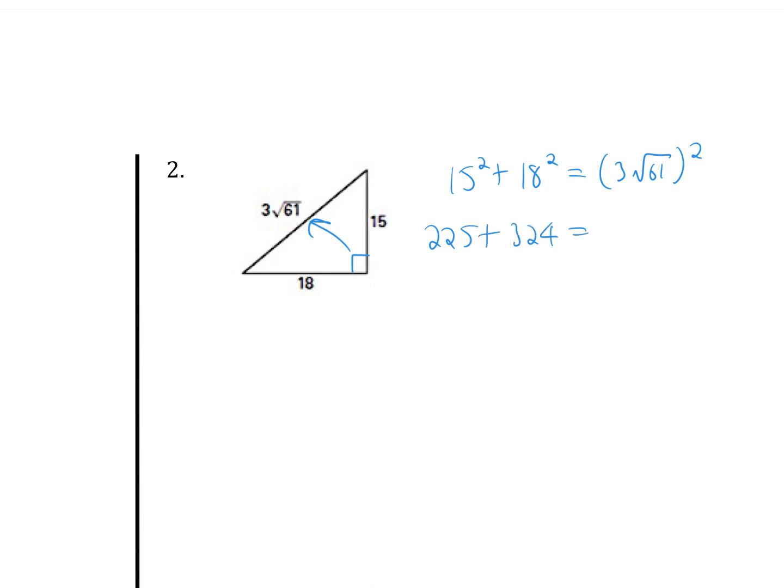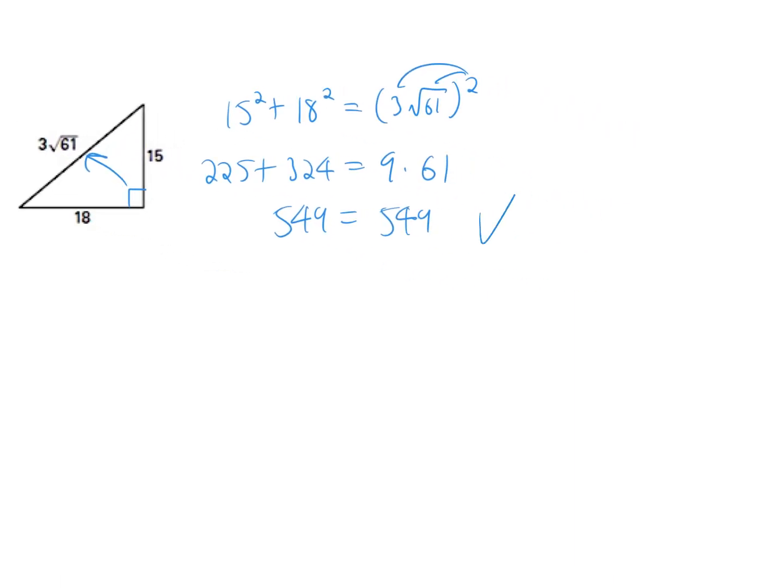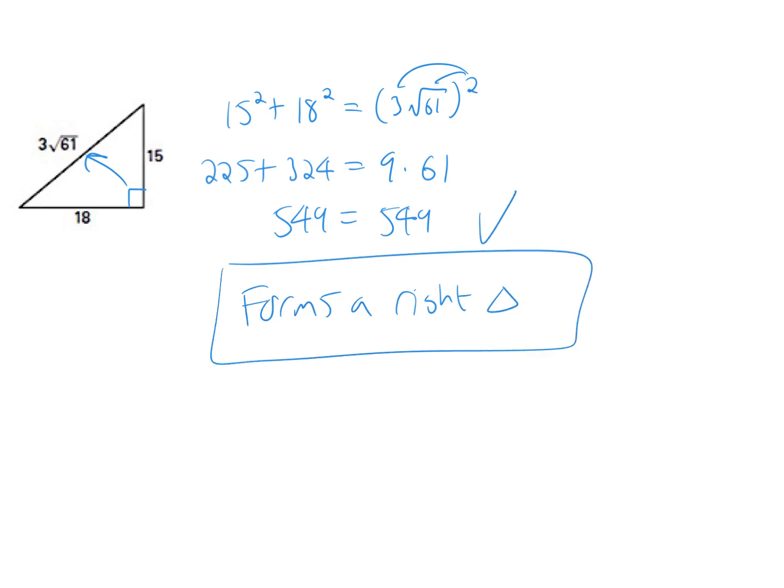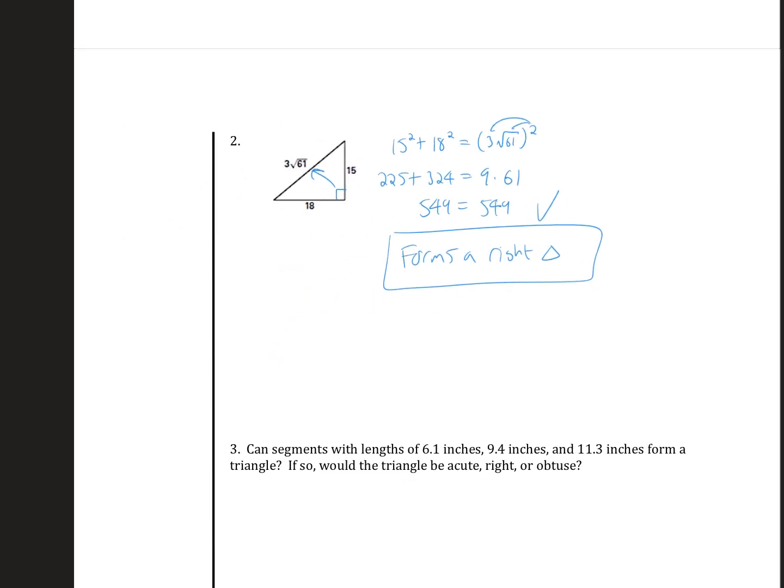Apply the 2 to both of these, and we get 3 squared is 9 times 61. Add these together, we get 549 equals 9 times 61, which is also 549. Is this a right triangle? It is, because they are equal. It forms a right triangle. Awesome. Sounds good.